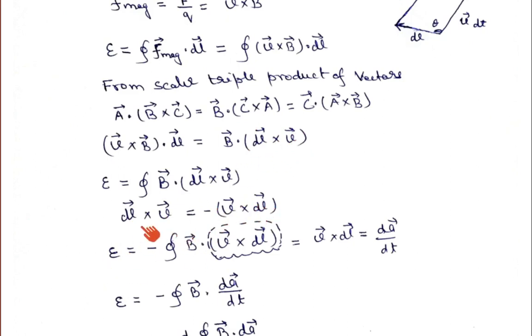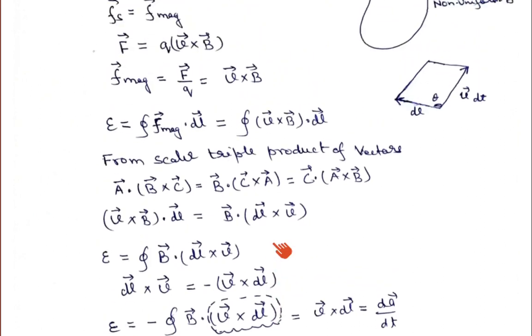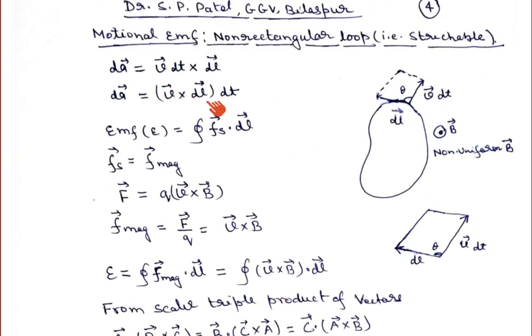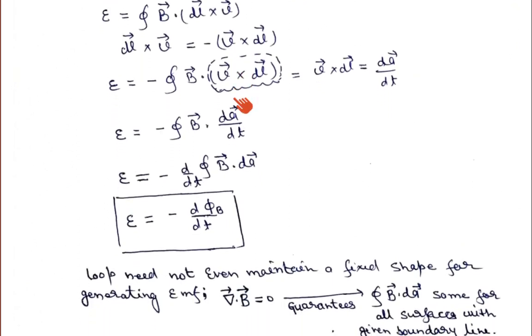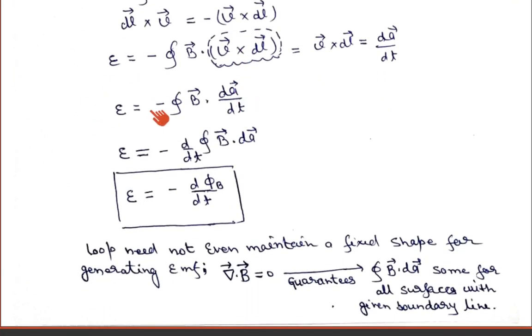So the EMF will be equal to minus the line integral over the closed path of B dot v cross dl, and we know that v cross dl is basically the area vector divided by time, dA upon dt. So the EMF E is equal to minus the line integral of B dot dA vector upon dt.